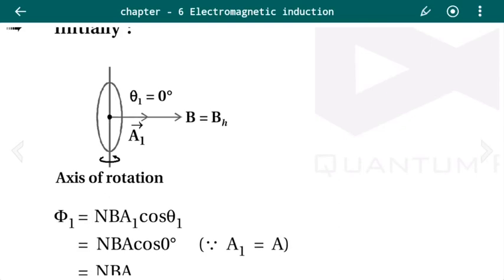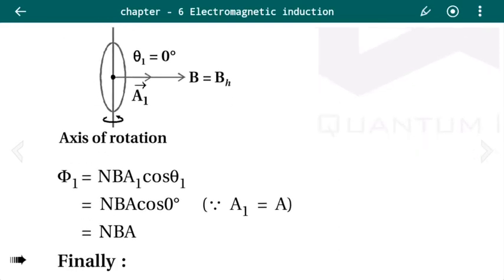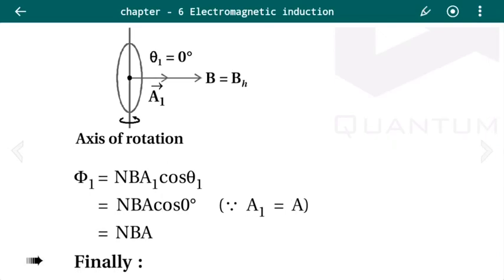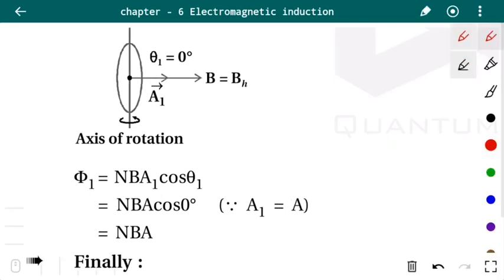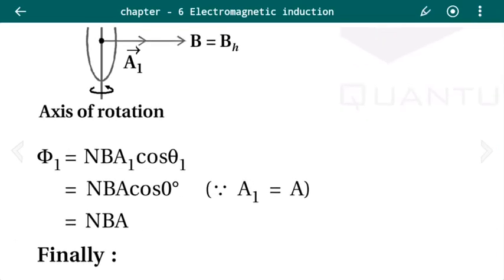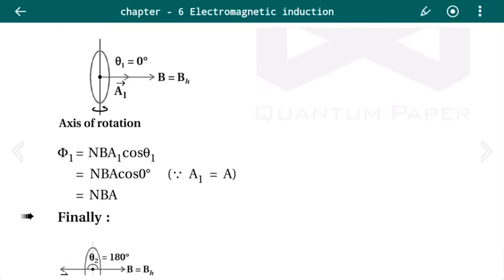So A1 is along the magnetic field B. In NBA cos theta, theta is the angle between the magnetic field and the area vector. Both are in the same direction, so theta equals 0 degree. So it is NBA cos 0 degree, and cos 0 degree equals 1. So phi 1 equals NBA.